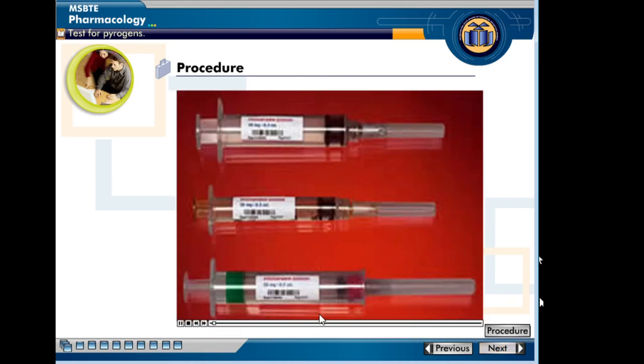You are already aware that injectable preparations must be free from pyrogen contamination. The test for pyrogen is designed to measure the rise in temperature in rabbits due to contaminated injectables.